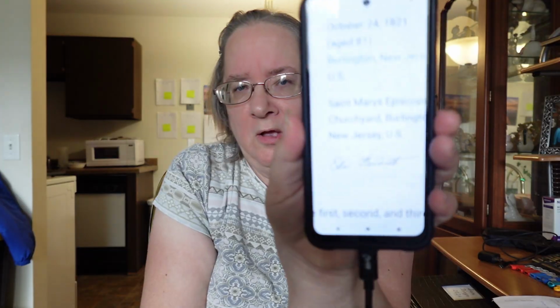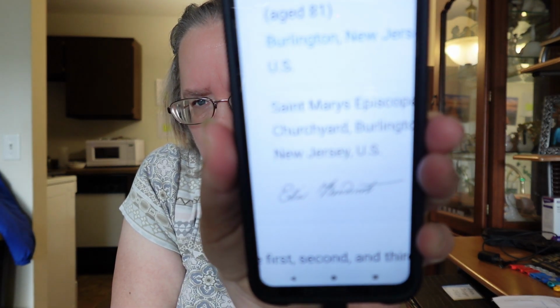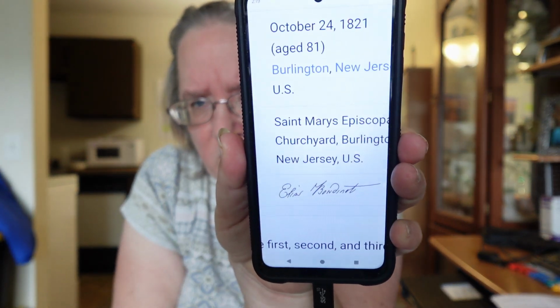These men's signatures were very, very clean. They're definitely not doctor's writing. So here's his signature. Don't know how well you can see that. So that's Elias, and he was in office from November 4th of 1782 to November 2nd of 1783.